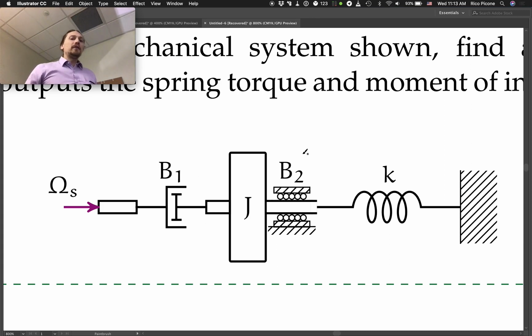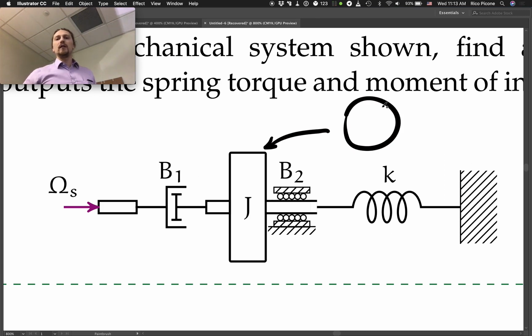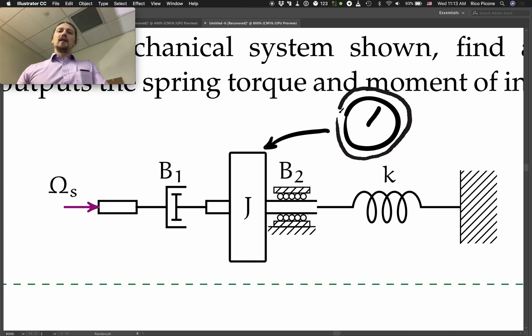So if, for instance, you were to look at J and you wanted to make a speedometer out of this, you could have a needle painted on the flywheel, and then some clear plastic cover on it with calibrated angular velocity demarcations.